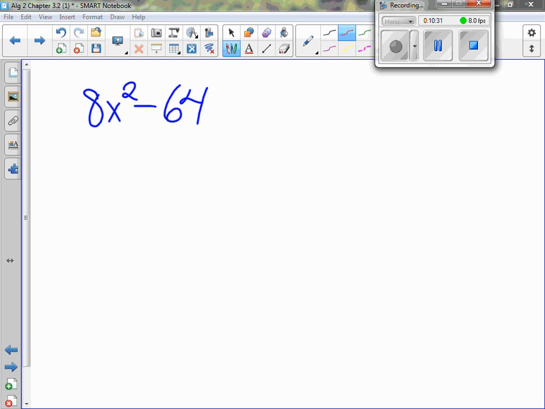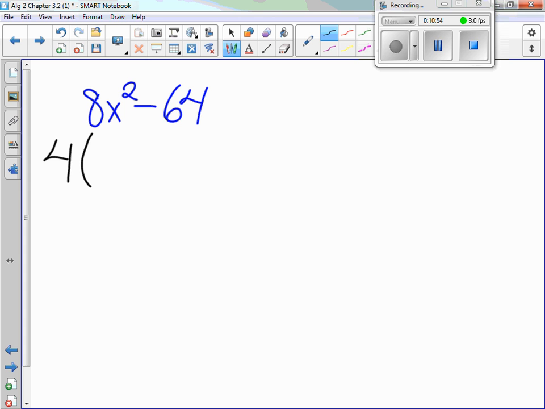So, let's see here. 8 would work for 4. That doesn't need to be 64. What does that need to be? It does. Because we could factor out 8.